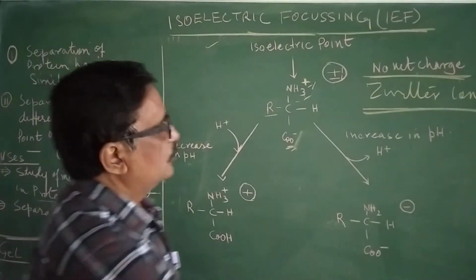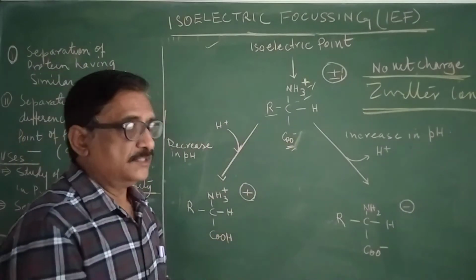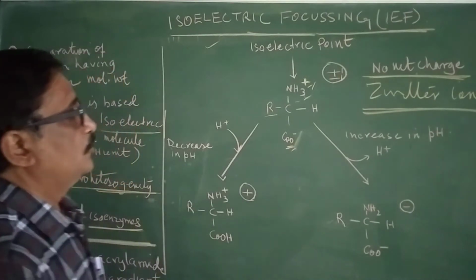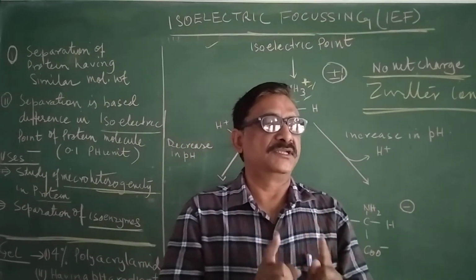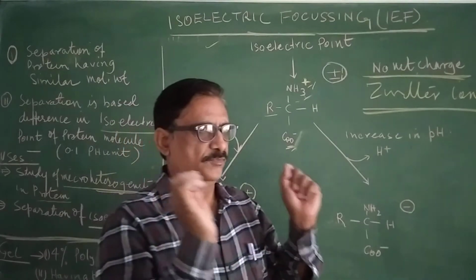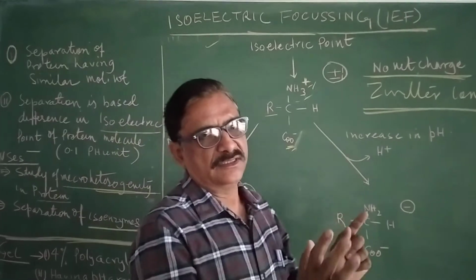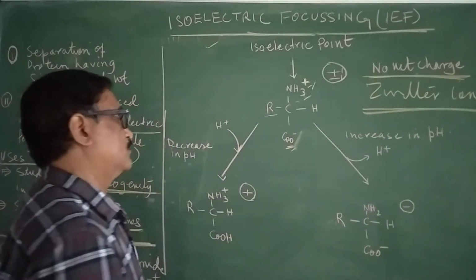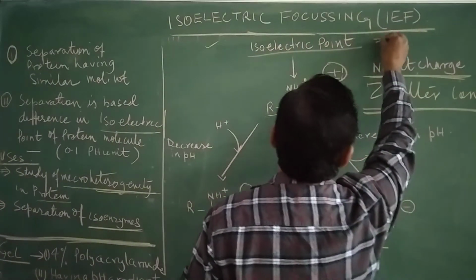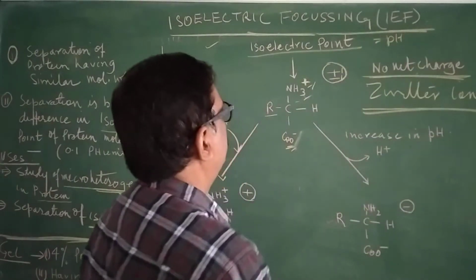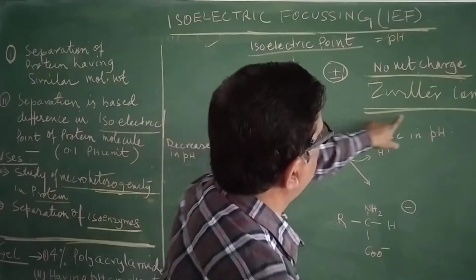Because no two amino acids have a similar isoelectric point, in the same way no two proteins have a similar isoelectric point. All different proteins always differ in their isoelectric point. This isoelectric point is the value of pH at which the amino acid is present as a Zwitter ion.